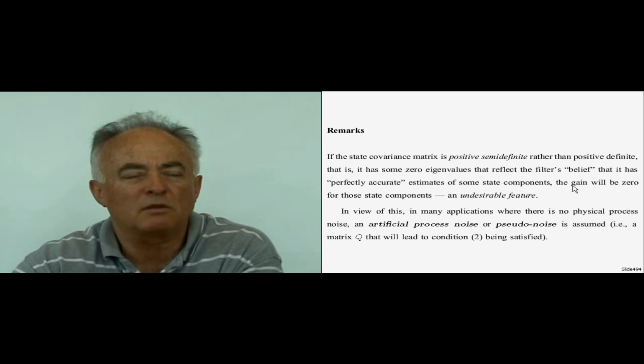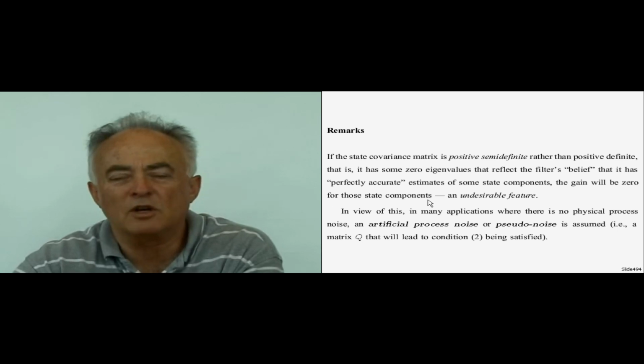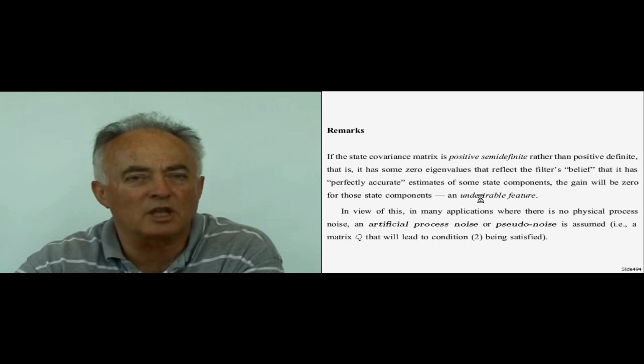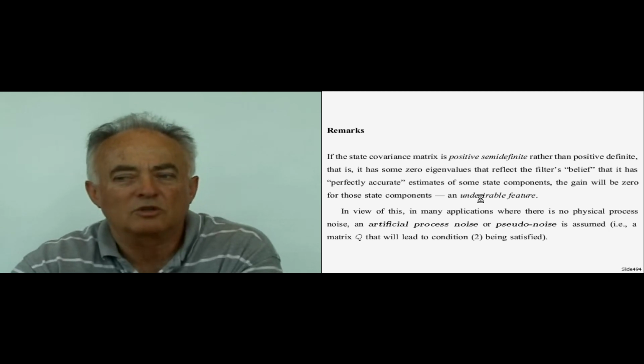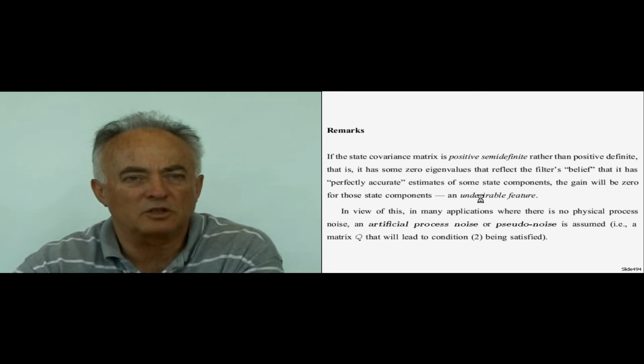What do you do with the gain? Down to zero. The gain will be zero for those state components. This is a very undesirable feature because in the real world you cannot have perfect estimates. So you never want your state estimation filter to have a gain with even a component of it gone to zero.